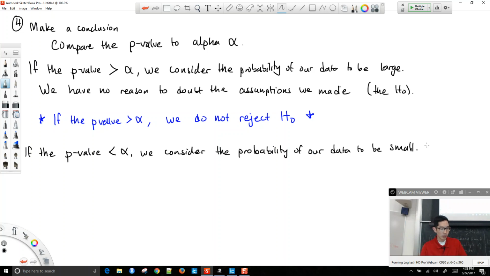In that case, it means our data is unlikely to appear if the null hypothesis were assumed to be true.